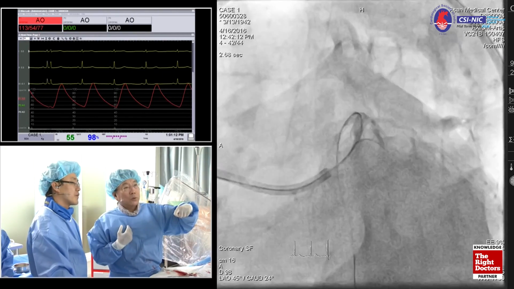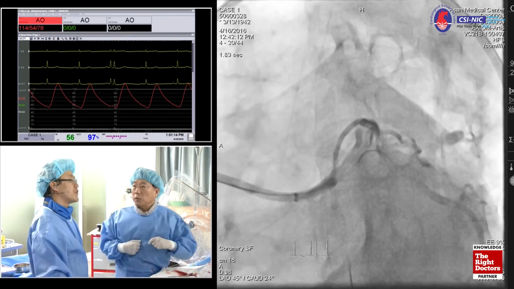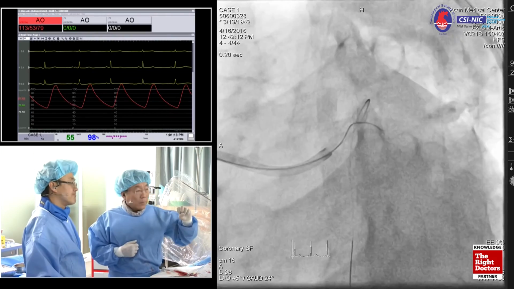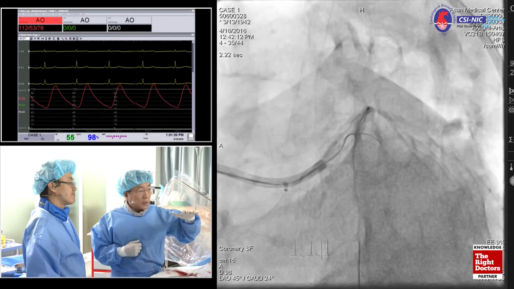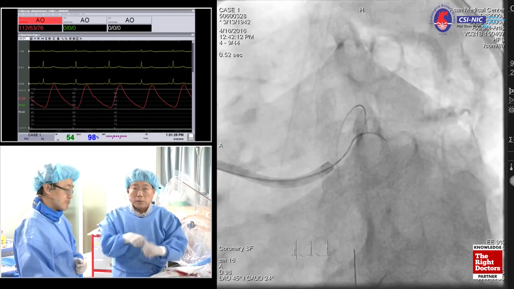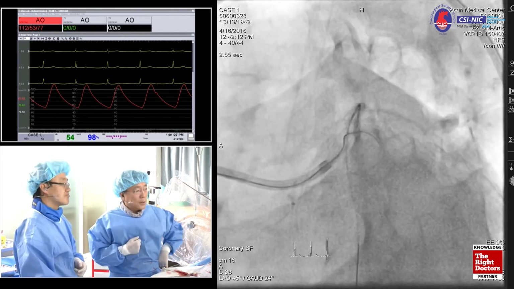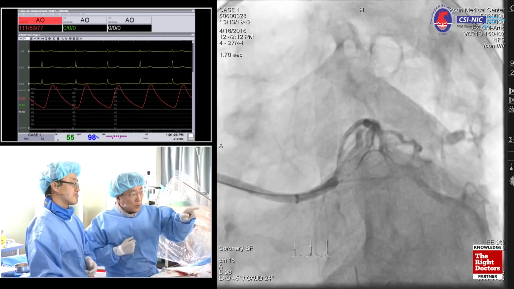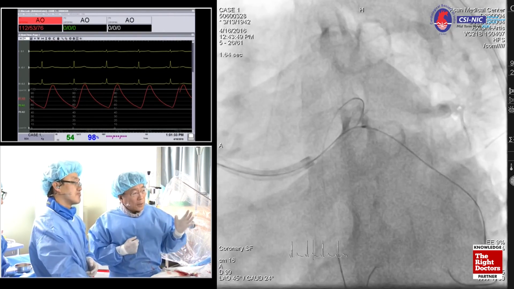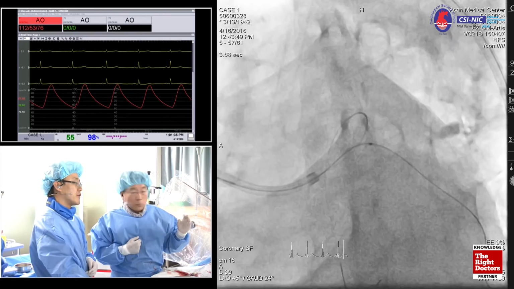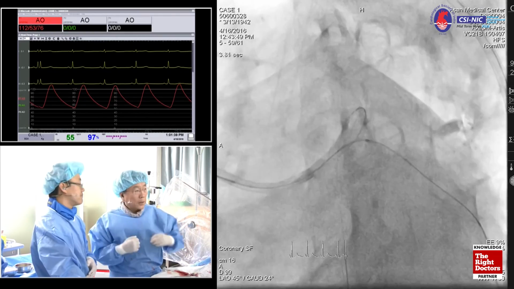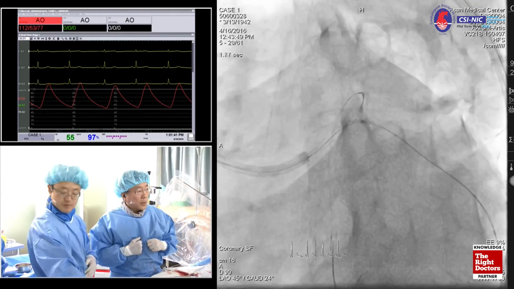And so actually we choose the Choice PT wires, that is hydrophilic coating wires. I prefer, in some cases, going through the stent strut. I believe it really is easier too. So we pass the Choice PT wire, and then we dilated with a 1.25 millimeter balloon to expand the stent strut space here.